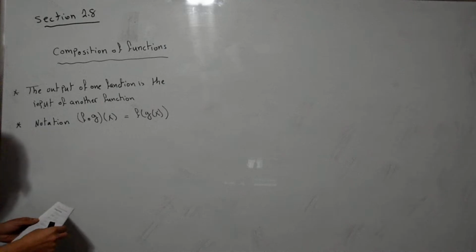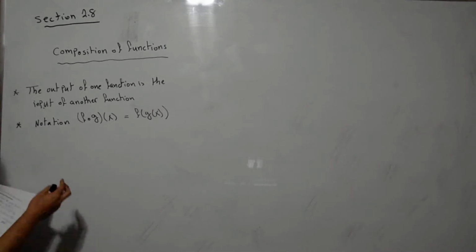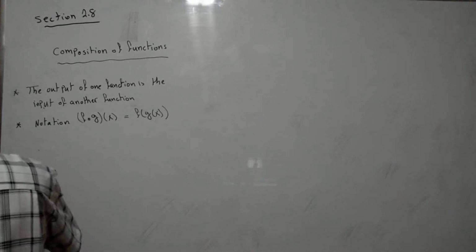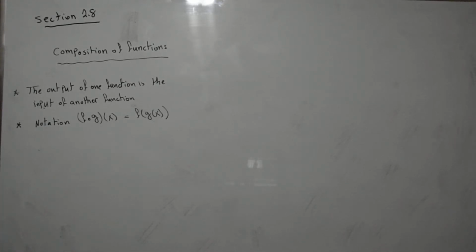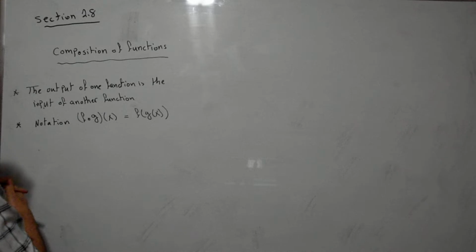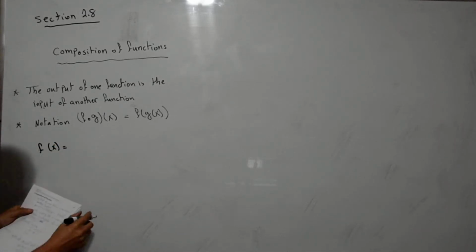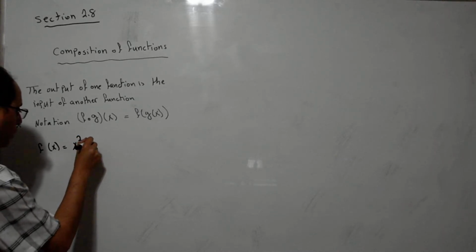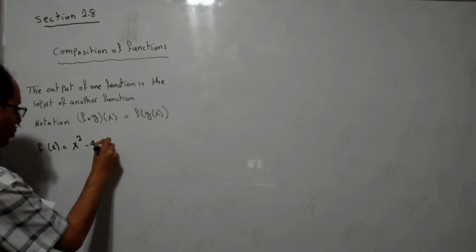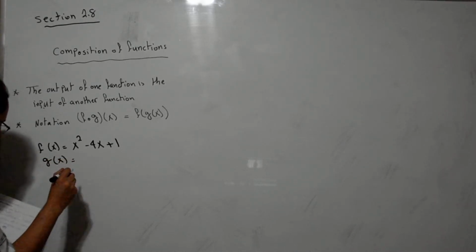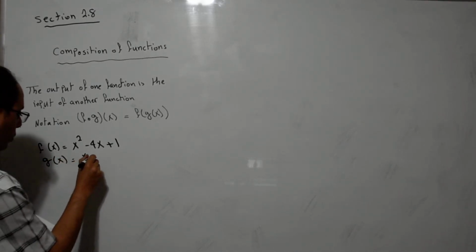Alright, so let's get an example to understand that. Let f of x equal x squared minus 4x plus 1, and g of x equals x plus 2.